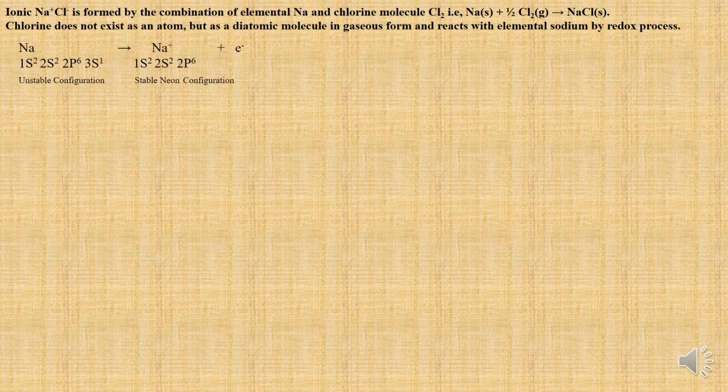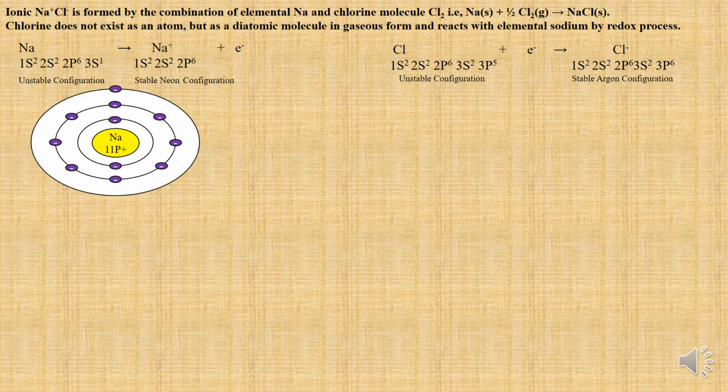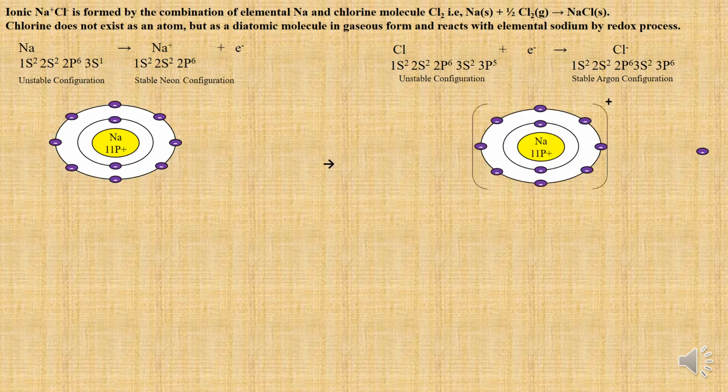So sodium loses 1 electron, attains the stable neon configuration. Chlorine gains 1 electron, attains the stable argon configuration. Sodium loses 1 outermost valence electron, and it is converted into sodium ion.